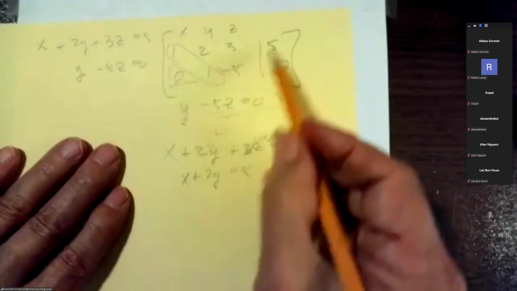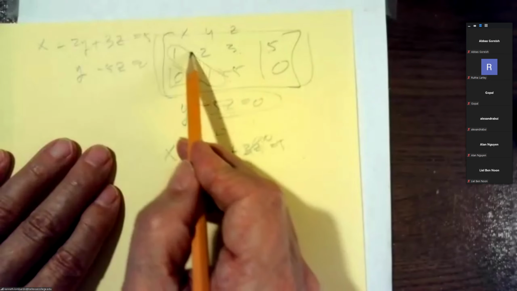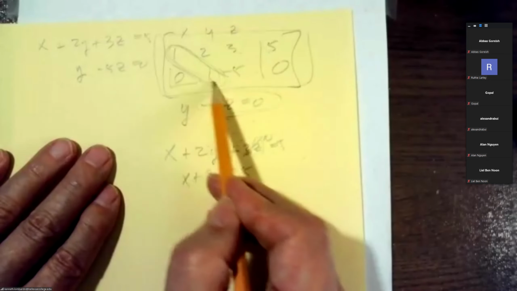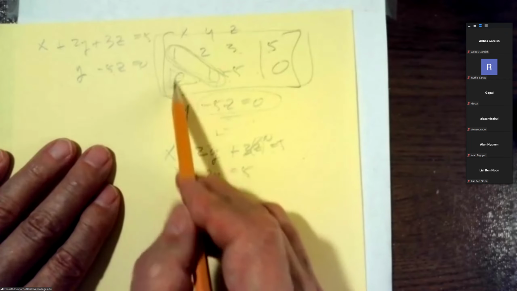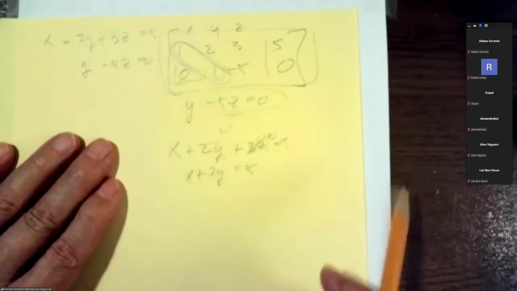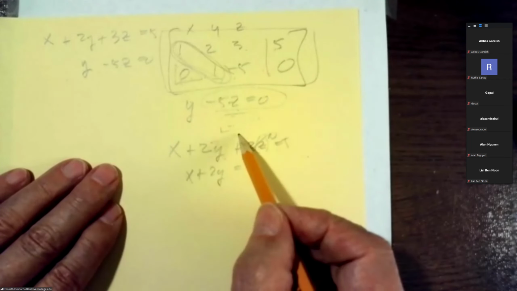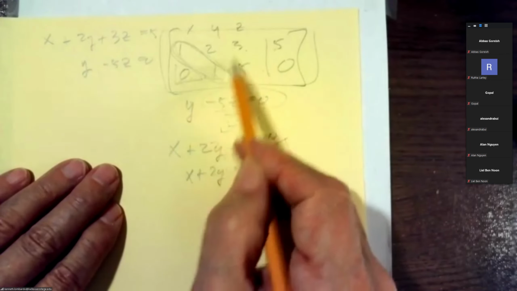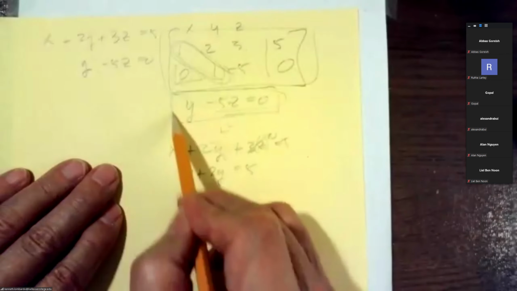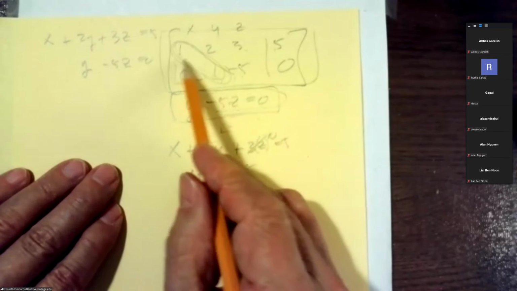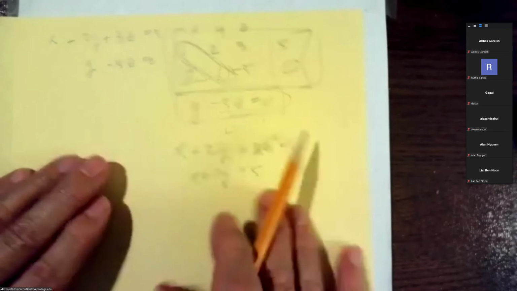When we're looking at this augmented matrix, and we see that we've got our diagonal of ones followed by zeros underneath it, and then say what equations are generated. The equation is 1y minus 5z, and x plus 2y plus 3z.